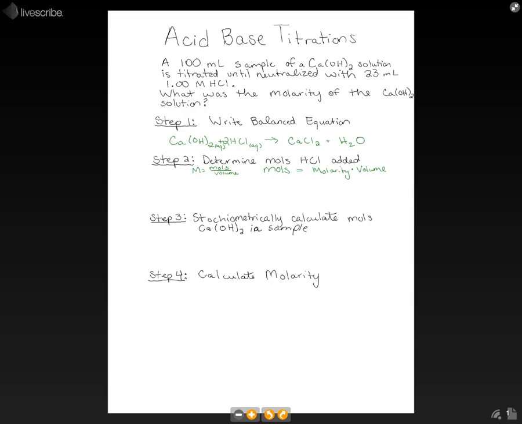So in this case, we had 23 milliliters. We're going to express that in liters here since we're dealing with molarity. So we have 0.023 liters times our 1 molar, so 1.00. And that's going to give us 0.023 moles.